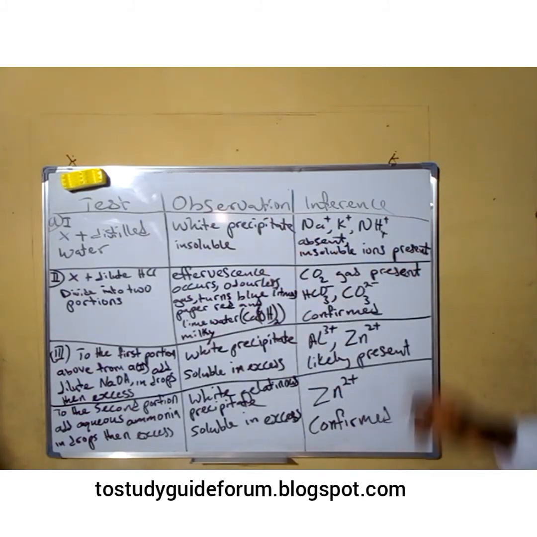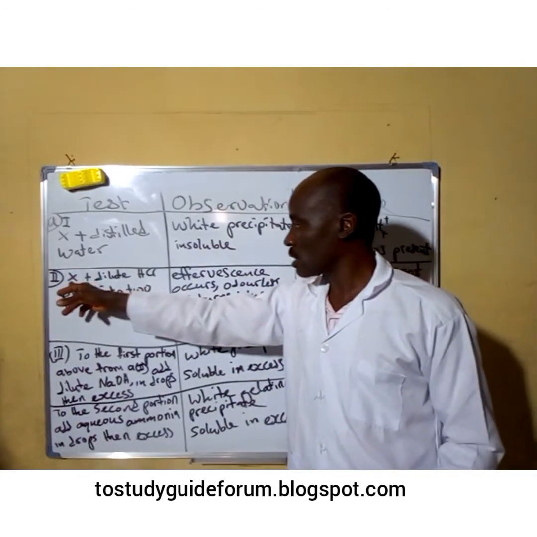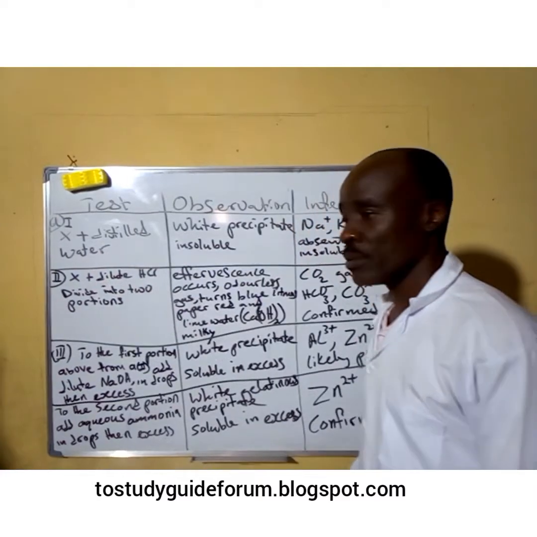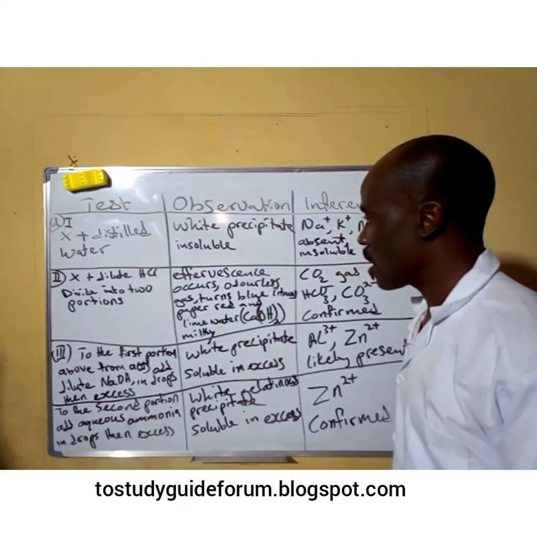So in that case, to another portion of the solid sample of the compound we add dilute hydrochloric acid.